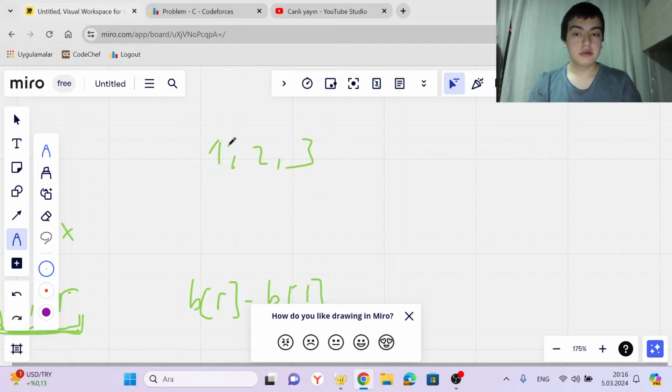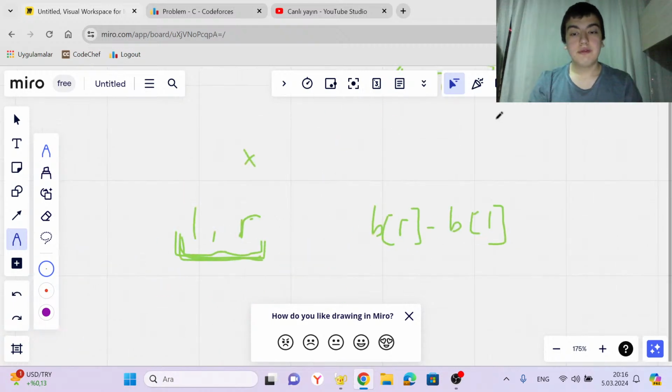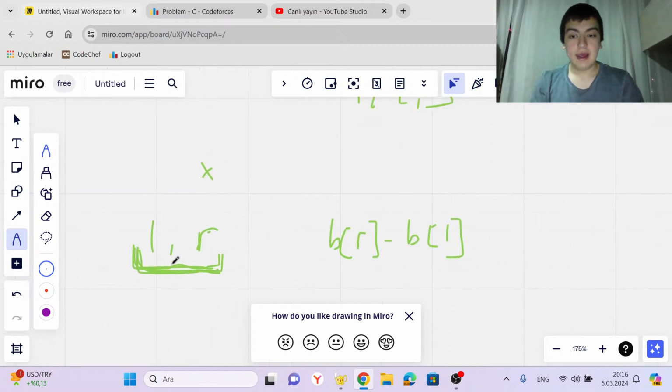We should choose 1 and 2, because if we choose 1 and 3, the sum will be 4. If we choose 1 and 2, the sum will be 3. So I need to find the minimum x elements from L to R, and I'm increasing the R value one by one.